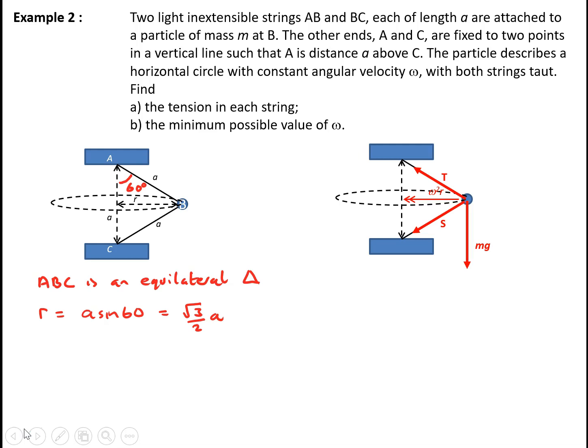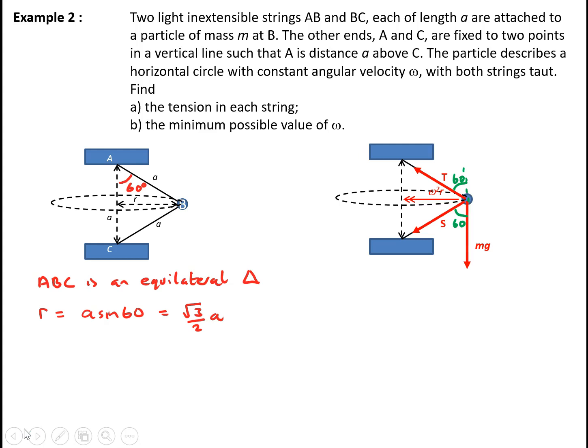So we're going to start resolving again. We know that the angle that the vertical makes with the string AB is 60 degrees, and therefore, by alternate angles, the angle that the force T makes with the vertical is 60 degrees, and the angle that S makes with the vertical is 60 degrees.